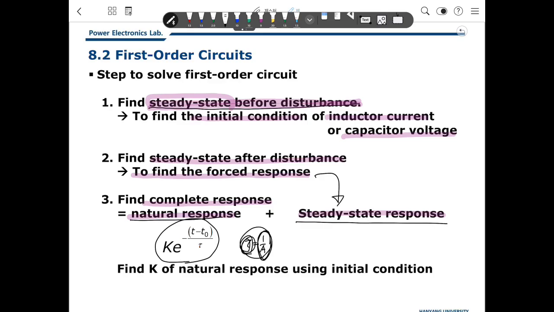Then we have one more unknown variable, that is K. K can be calculated from the initial condition. We insert the initial condition here to get K in the natural response. Let's now step through solving a first-order circuit.